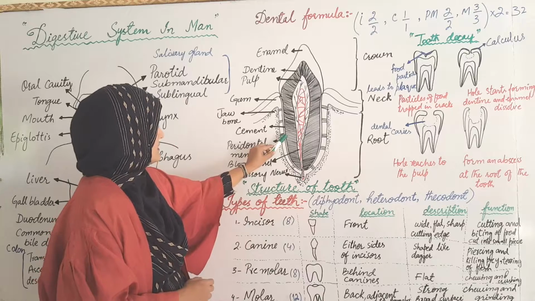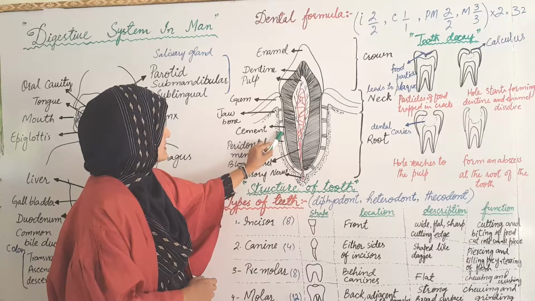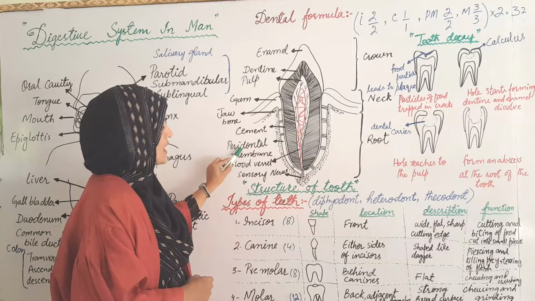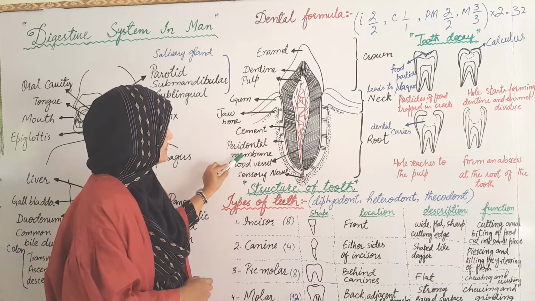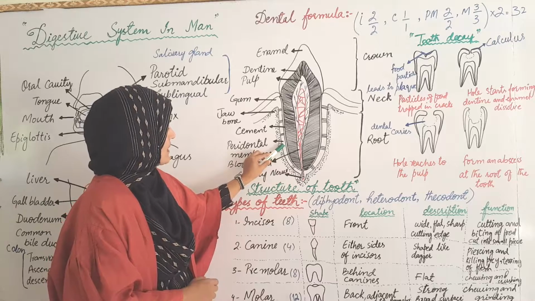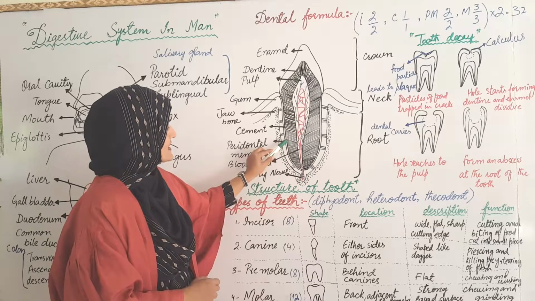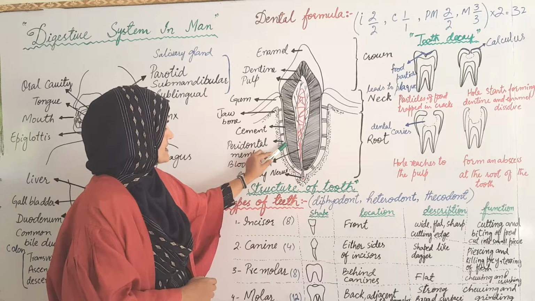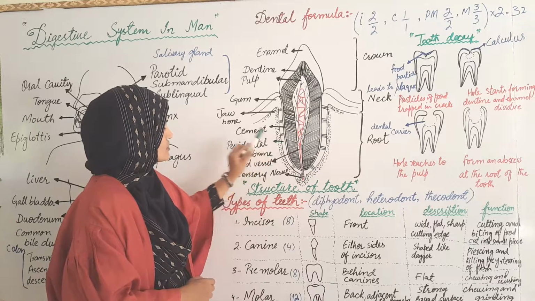After cement, a fibrous membrane is present which is termed the fibers of the periodontal membrane. This periodontal membrane helps to attach the tooth with the jawbone, and it is present in between the cement and the jawbone.